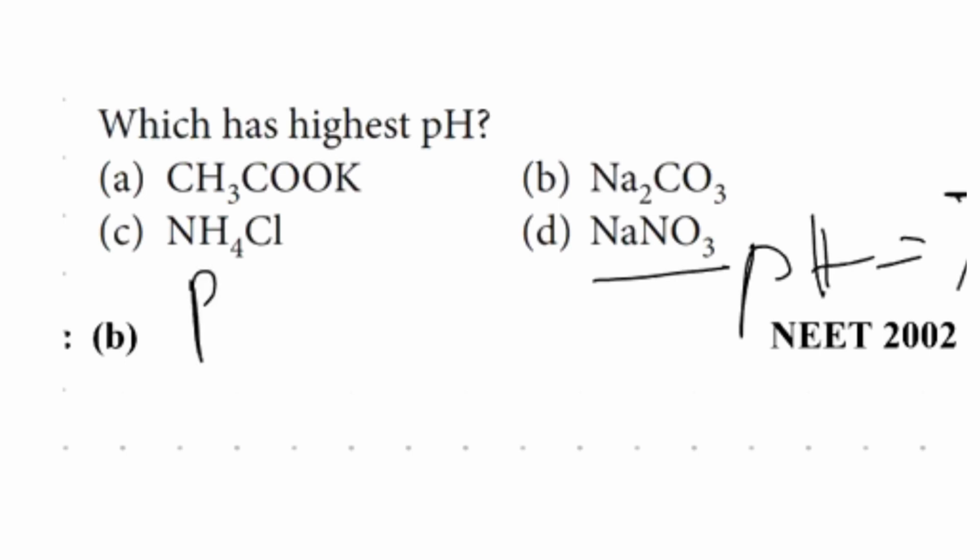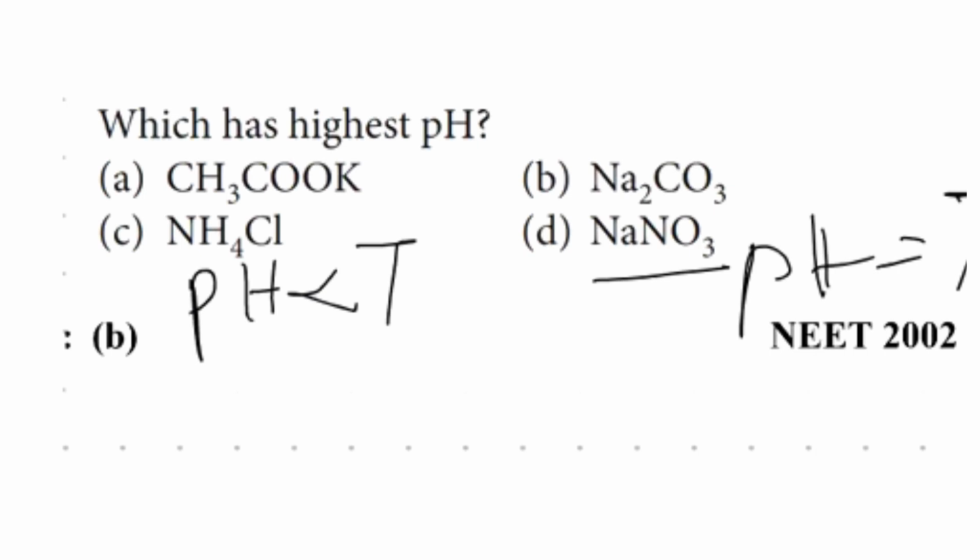Option A and B both are salts of weak acid and strong base. Option A, CH3COOH, KOH. So KOH is a strong base, CH3COOH, weak acid. Similarly, option B also, H2CO3, carbonic acid is a weak acid, sodium hydroxide is a strong base.